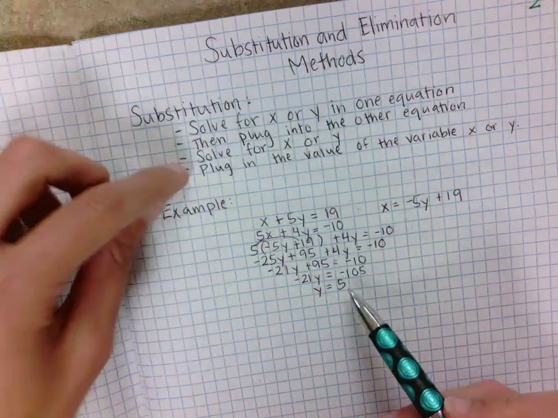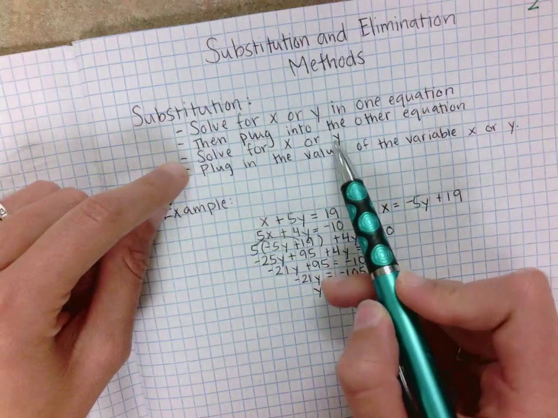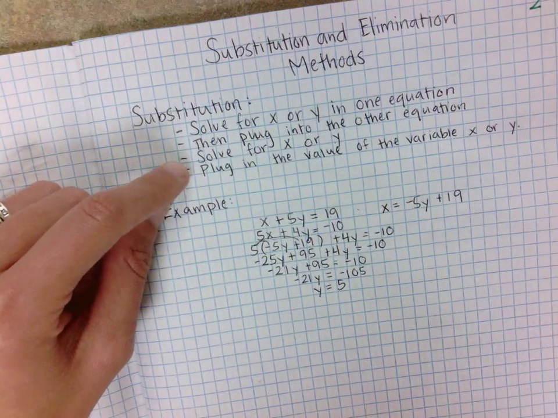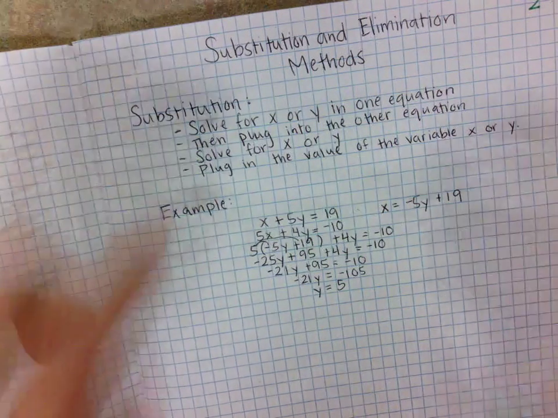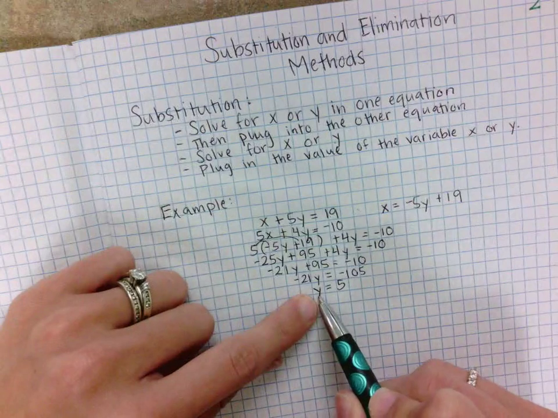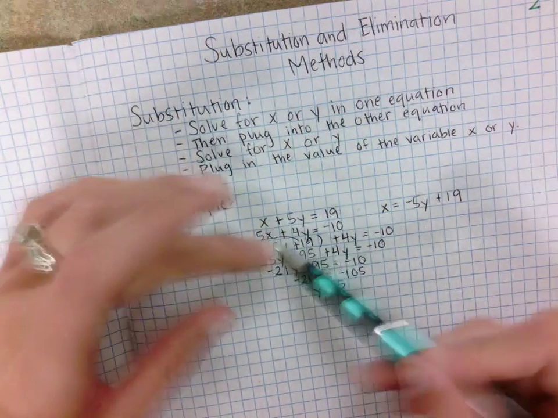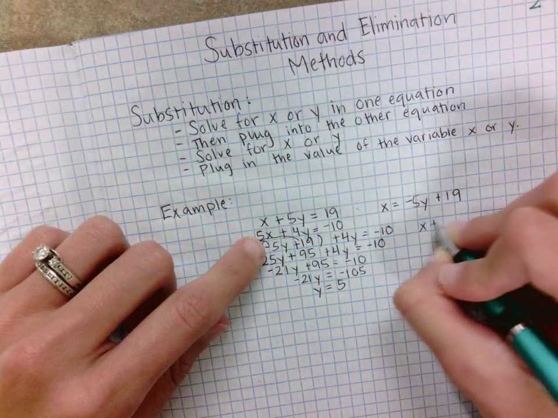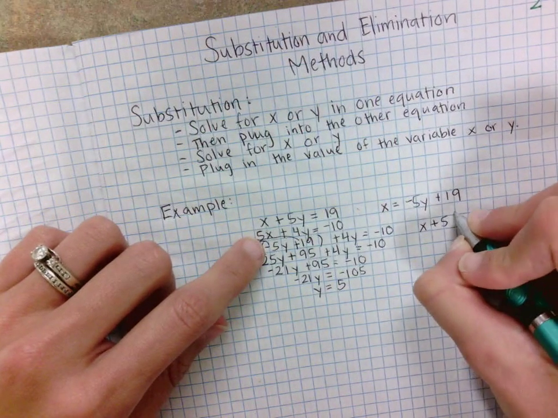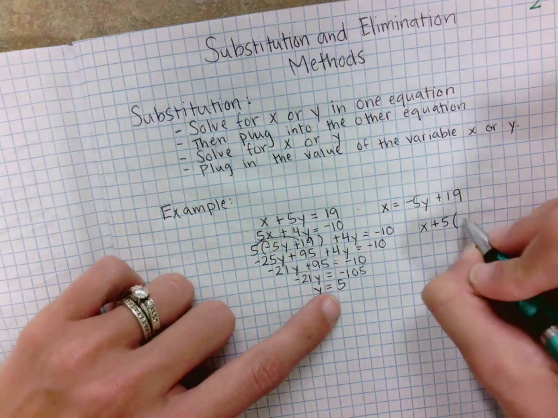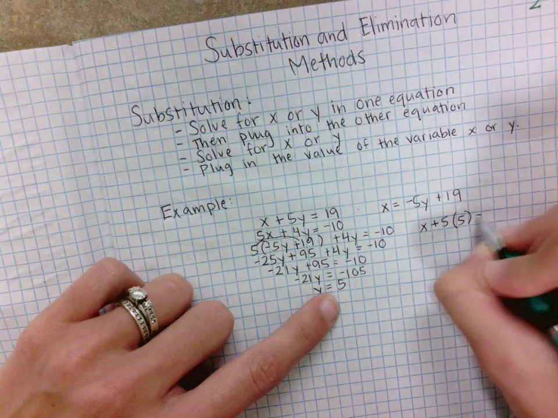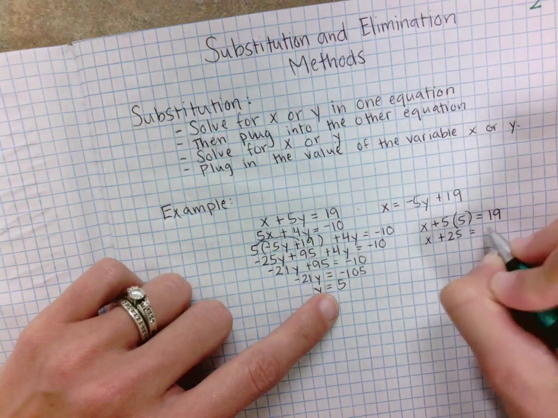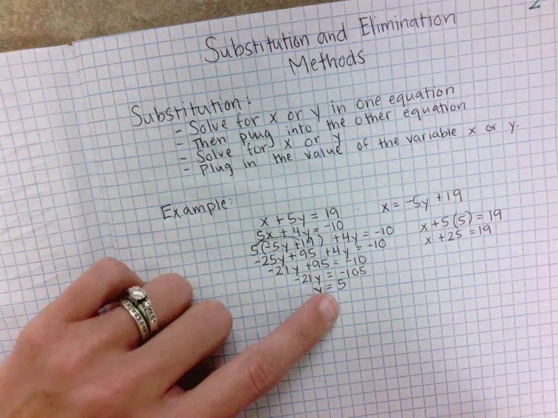Now, we're not finished yet. In this case, we solved for y. You have to remember which one you've solved for in the first place to be able to plug it back in. You can't switch them. It does matter. So you'll have to substitute y into one of the original equations. I would take x plus 5y, which is 5, equals 19, and you would have x plus 25 equals 19, and then solve for x.